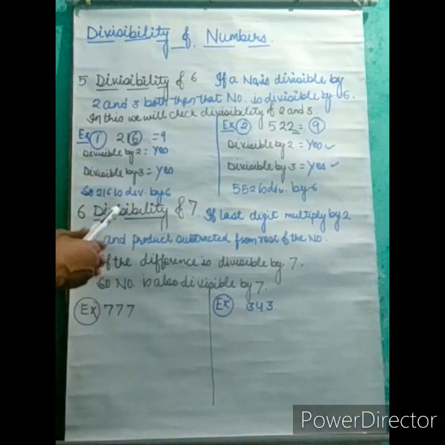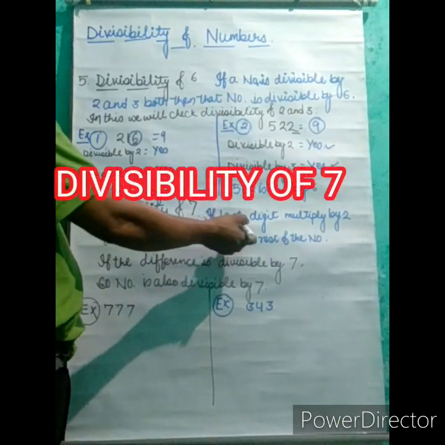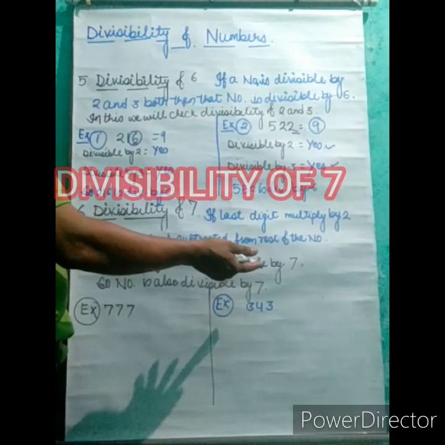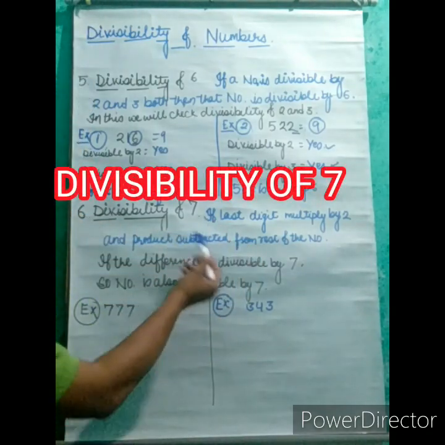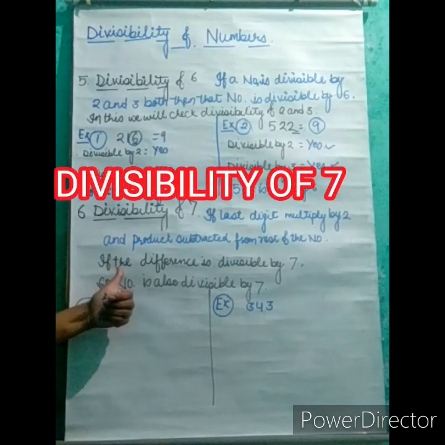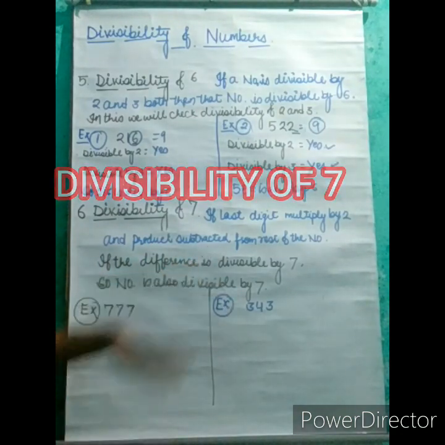Now the divisibility of 7. Multiply the last digit by 2 and subtract the product from the rest of the number. If the difference is divisible by 7, then the number is also divisible by 7.